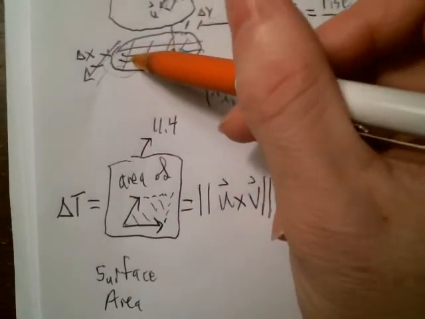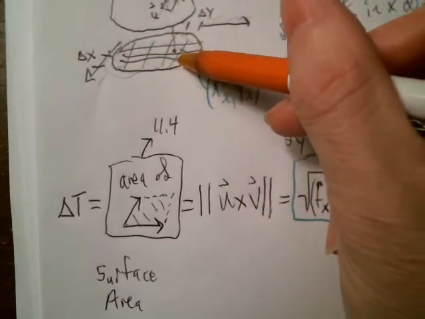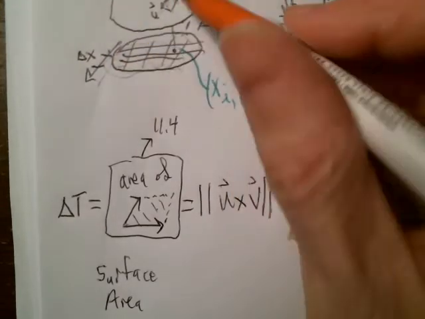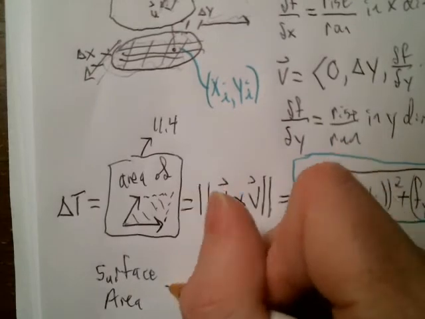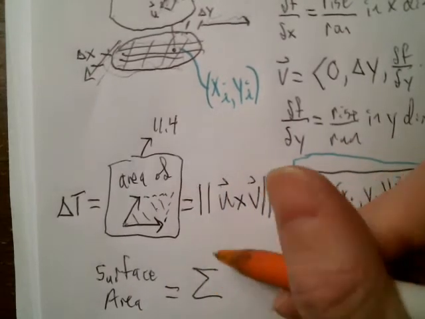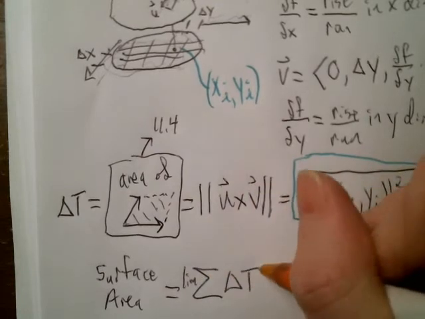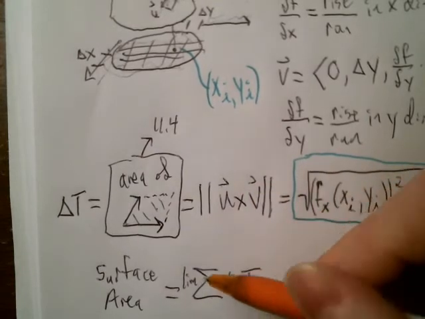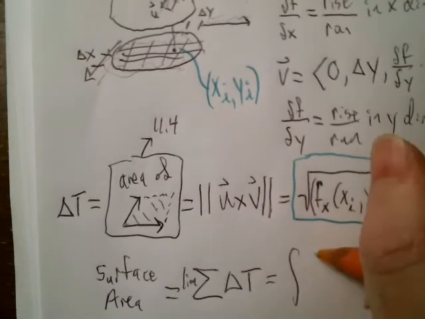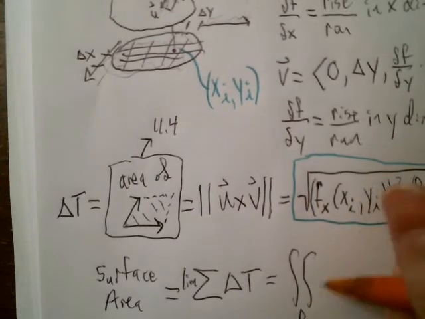So you would have a sum going in this direction, and then you need this row and this row and this row, etc. At the end of the day, the Riemann sum is adding up all these tangent plane areas, and then it's taking a limit to smooth it out, and what we end up with is a double integral over a particular region.